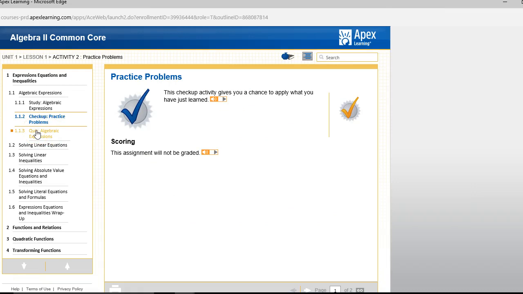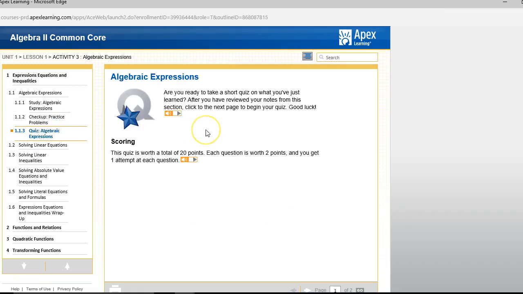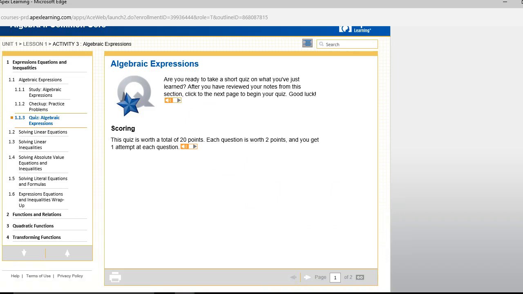In order to be done with this lesson, you are going to pass the quiz at 70% or higher. You have 3 chances to pass the quiz at 70% or higher.